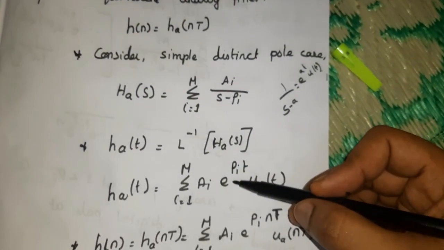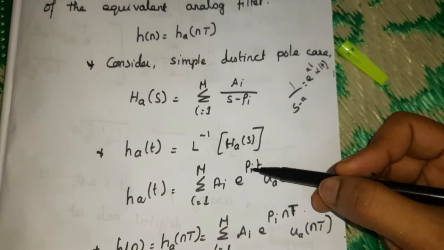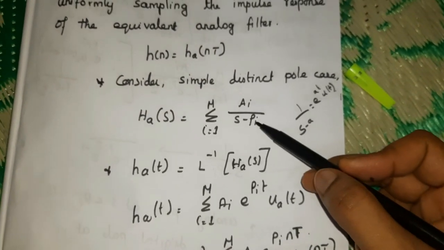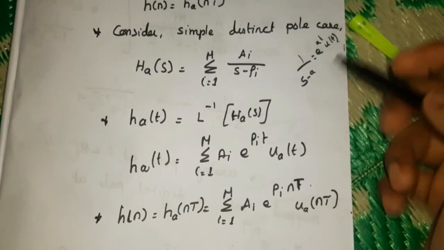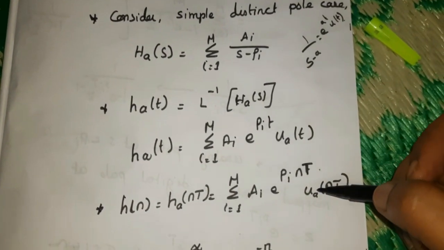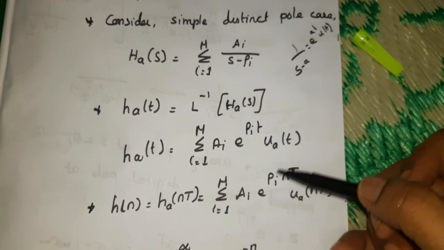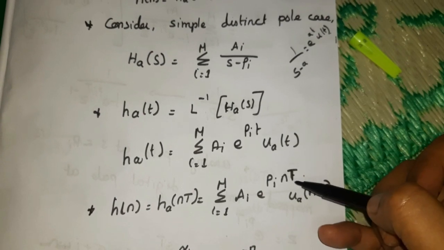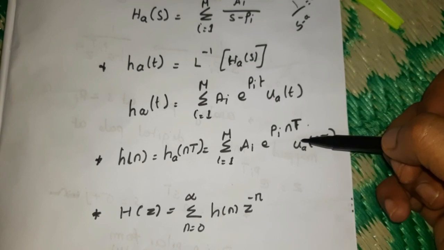So here we get e power p_i t into u_a of t, and we have uniform sampling. So h of n is equal to h_a of nT, that is, put t equal to nT.